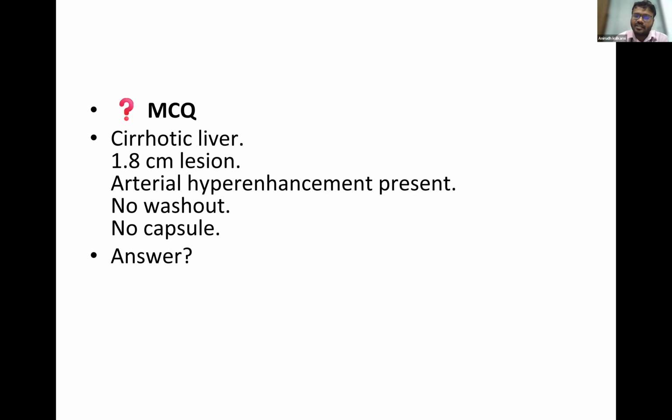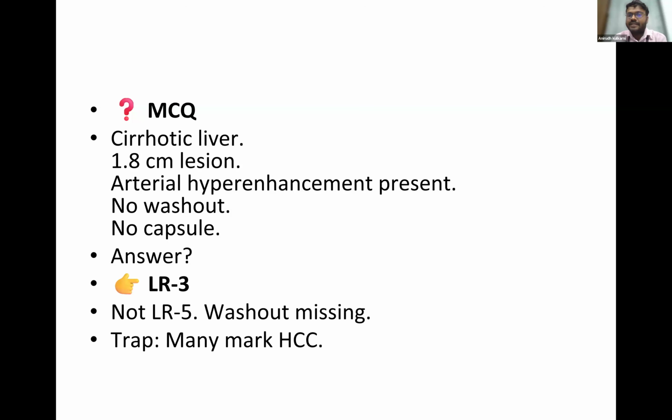Always we have to see the chart, unless one day you become perfect and you are able to answer without seeing the chart. So let us see the answer. It is LR3, not LR5, because there is no washout.